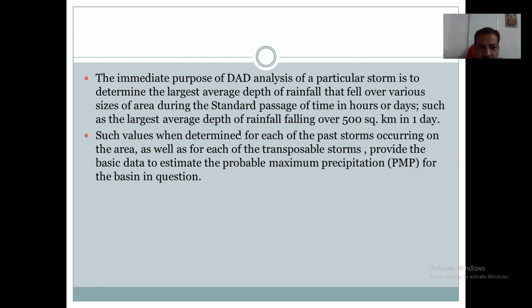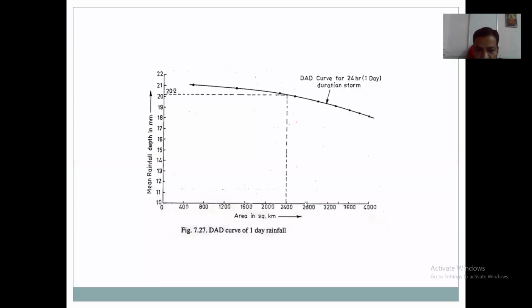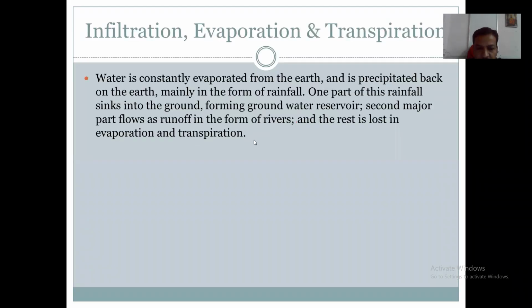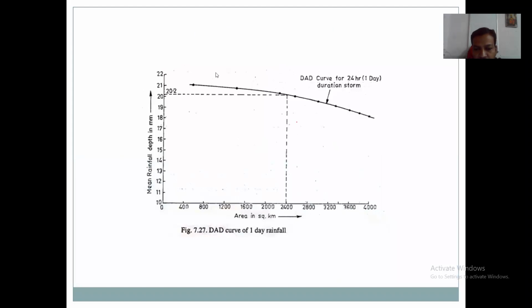In 1 day, how much the average depth of rainfall is, that is plotted. So that gives the largest average depth of rainfall, which is determined by plotting this DAD curve.